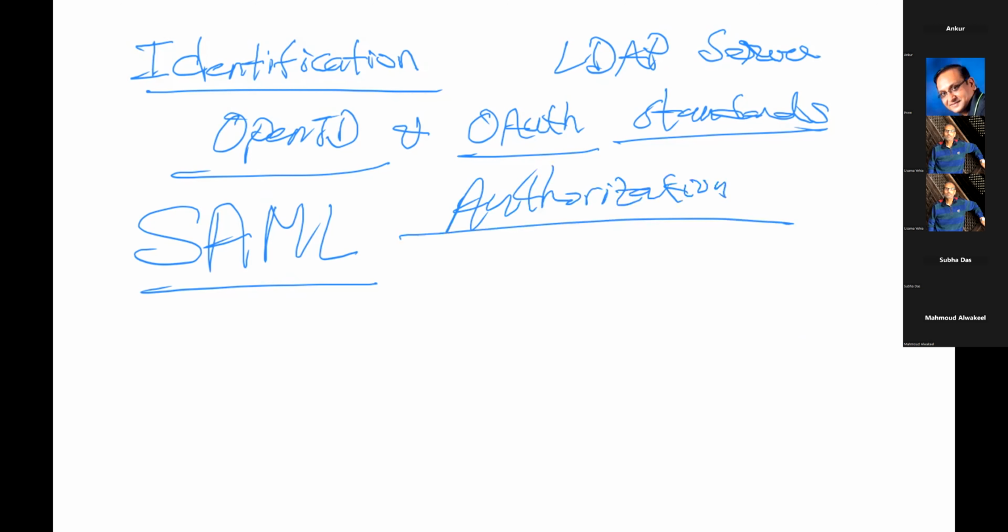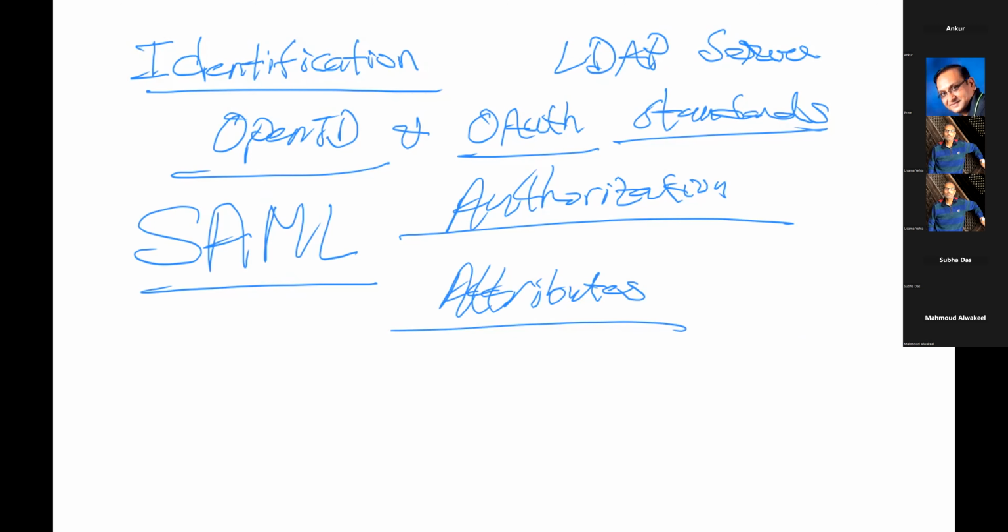The authorization permissions can be assigned based on something called attributes. For example, when you are defining a user, you are defining a lot of attributes: username, password, phone number, division, location, geolocation, email, a lot of information.